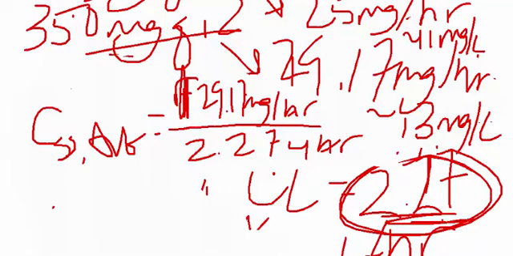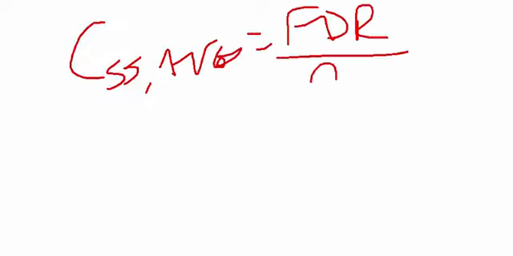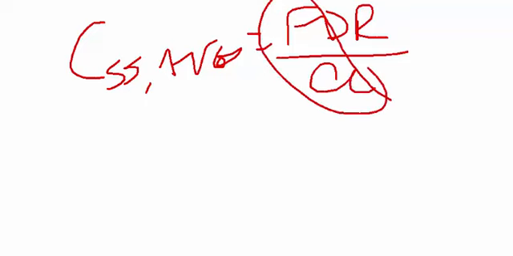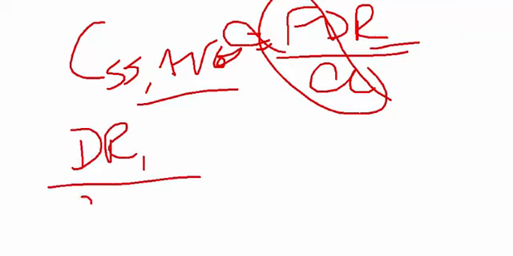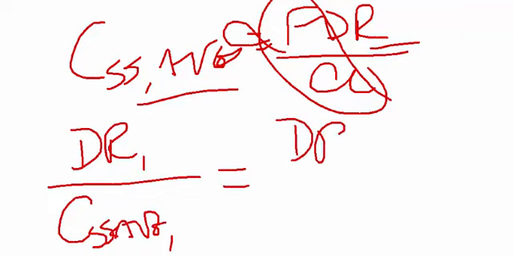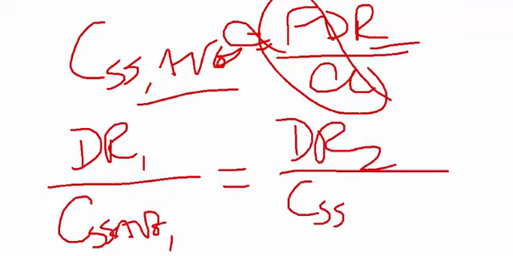Now, we didn't really need to figure out the clearance, although it is helpful to figure out the clearance because you can then figure out the half-life. We could have said, right, that CSS average is equal to bioavailable dose rate all over clearance, that if these two stay the same, if we have no reason to think that those will change, then CSS average and dose rate become proportional, don't they? So we could say at dose rate 1, we're going to get CSS average 1, and that should be equal to dose rate 2, as is to CSS average 2, right?